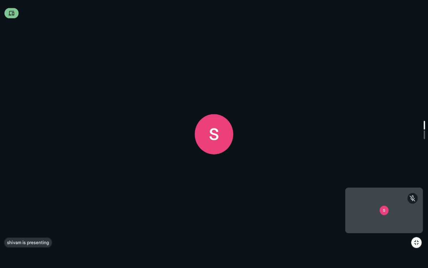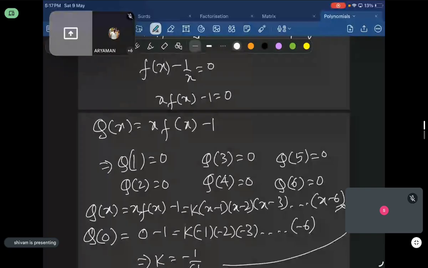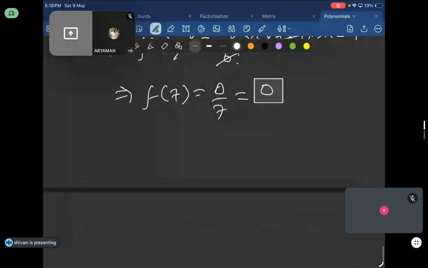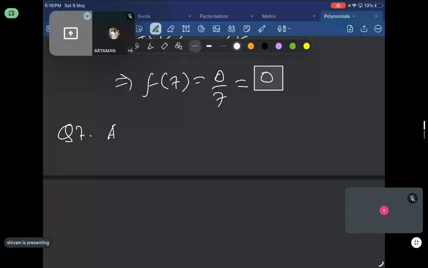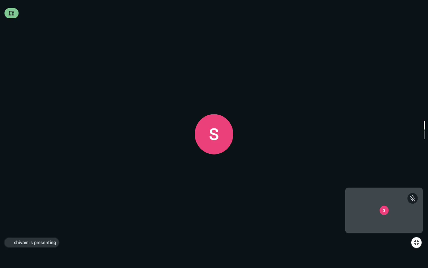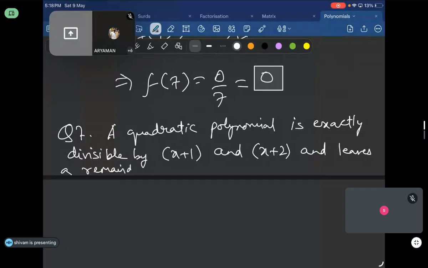Okay, next question number 7. A quadratic polynomial is exactly divisible by x plus 1 and x plus 2 and leaves a remainder 4 when divided by x plus 3.